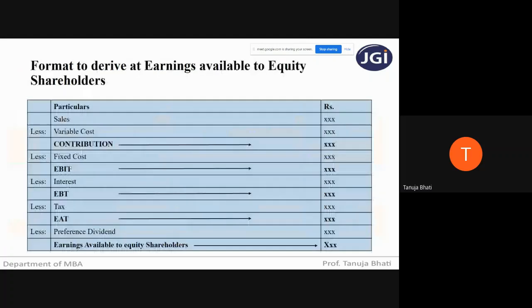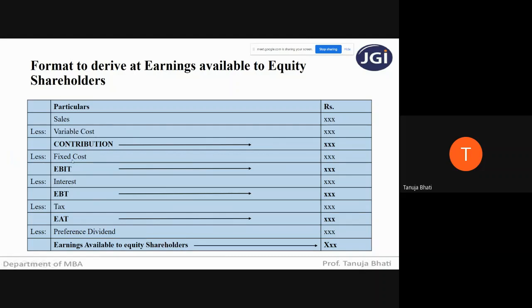See, for example, I will just show you here. Students, if the sale is varying, then only your contribution will change. And if your contribution changes, it will impact your EBIT.